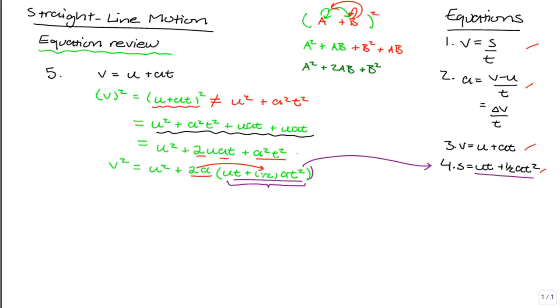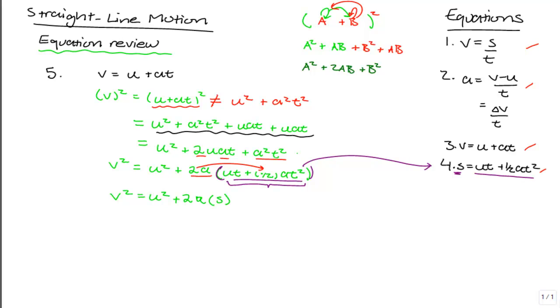And when we do that, it gives us equation 5 in its completed form, right? Which gives v squared is equal to u squared plus 2a multiplied by s. And that is equation 5.